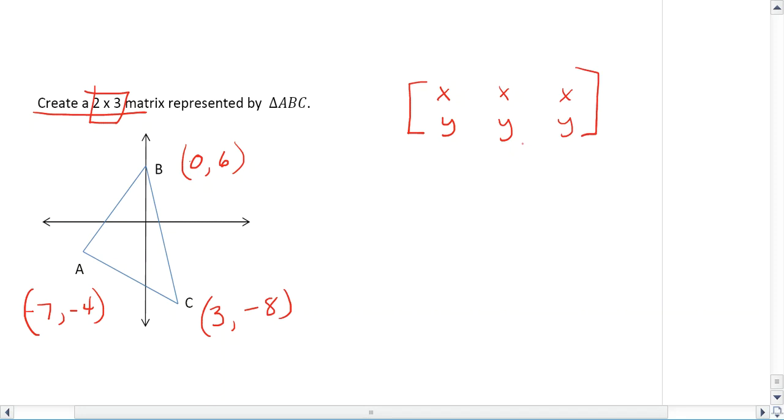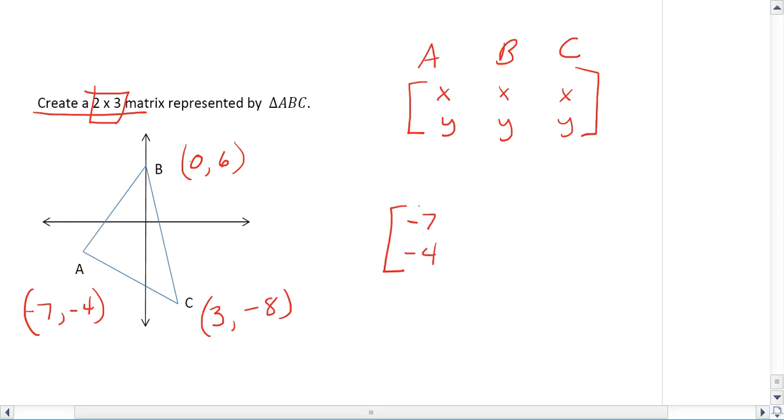And so I wrote this out so I can kind of picture what this is going to look like. And when we do translations, it's going to be easiest if we keep our vertices in order. So let's do vertex A first. The ordered pair of A is (-7, -4).